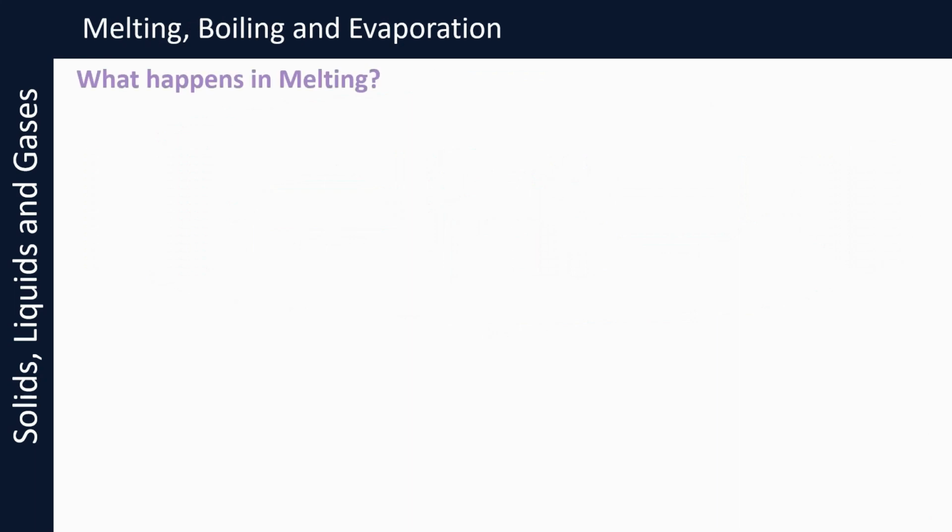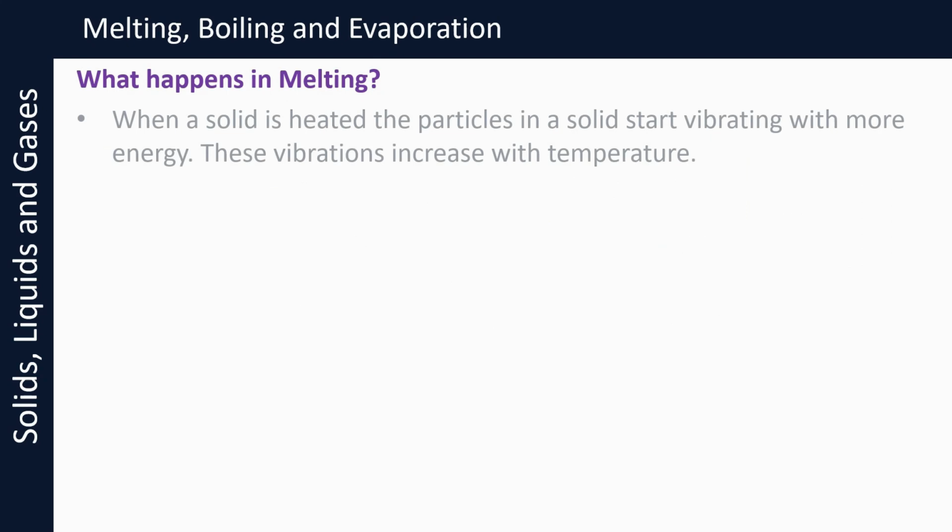What happens in melting? The particles in a solid are constantly vibrating in their own place. When a solid is heated, the particles gain kinetic energy and start vibrating with more energy. As the temperature increases, this vibration also increases, and the forces that hold the solid particles together weaken.